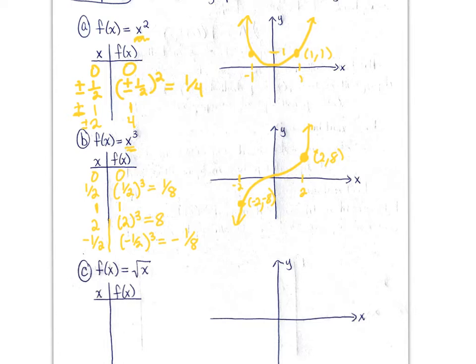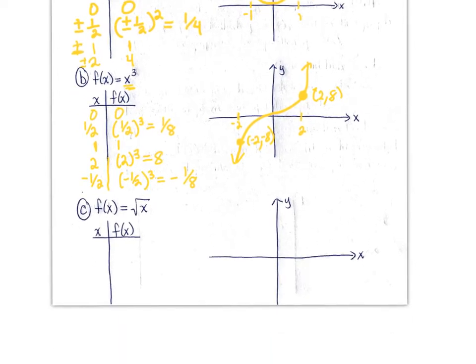Another function is the square root of x. The square root of x is called a root function because you can rewrite it as x to the 1/2, where your 1 comes from there and your 2 comes from your index. Again, choose various x values and substitute them in for x here. The square root of 0 is 0.